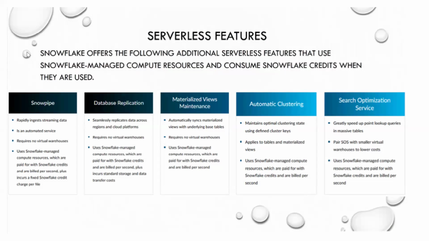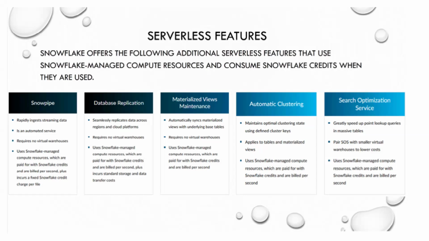And the fourth one, automatic clustering. Cluster keys are like indexes in a database. If you create a cluster key, to maintain that cluster key also Snowflake charges. And search optimization service or query acceleration service. These services will speed up your query execution, but they are chargeable. So whatever you see, these are all called serverless features. For all these serverless features Snowflake will charge us. If you are using them, then only you have to pay. If you are not using them, don't pay.